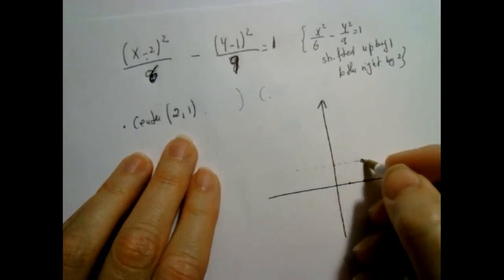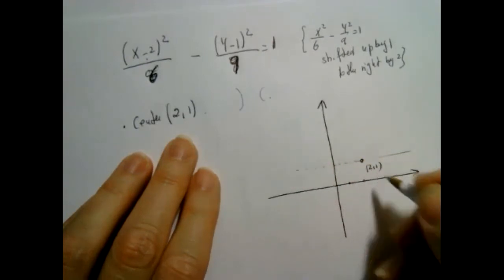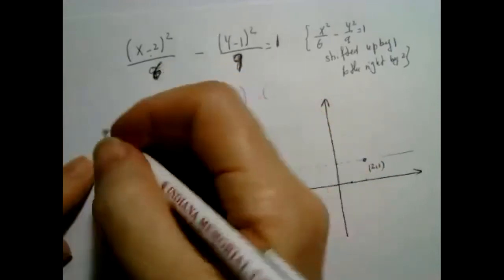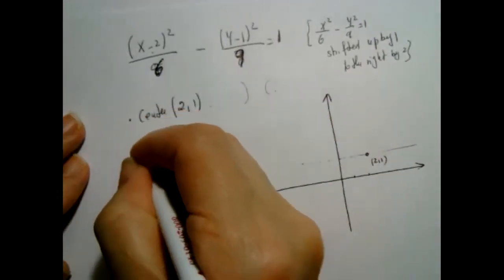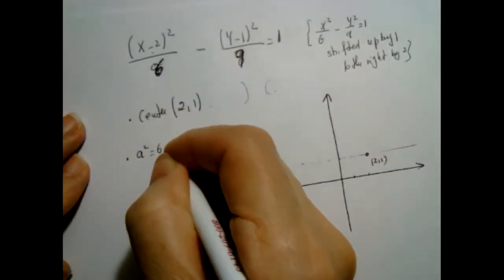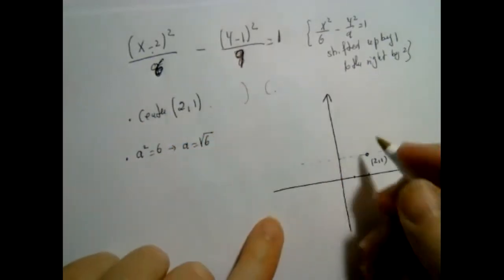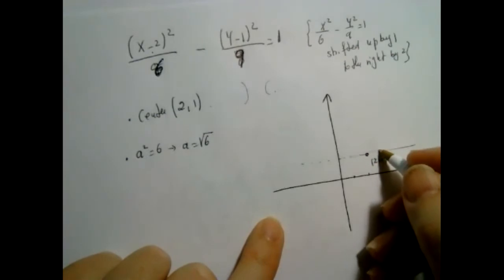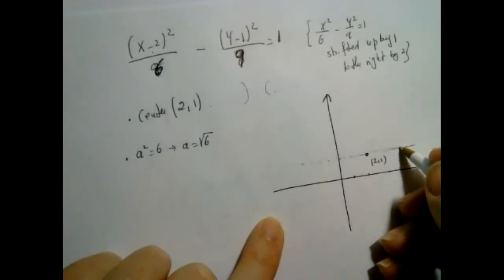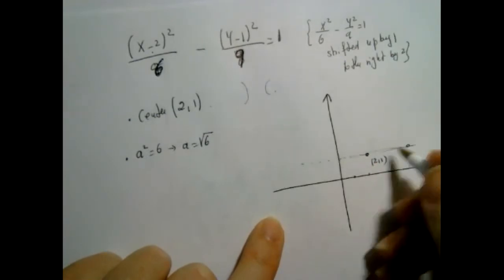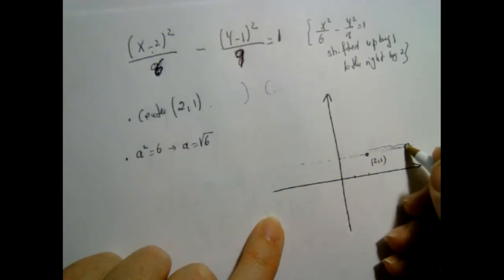Now, for the vertices, let's note here that my a squared is equal to 6. A is the square root of 6. It means that starting here, we're going to go square root of 6 units, which is a little bit over 2. That's my A, so that's the intercept.